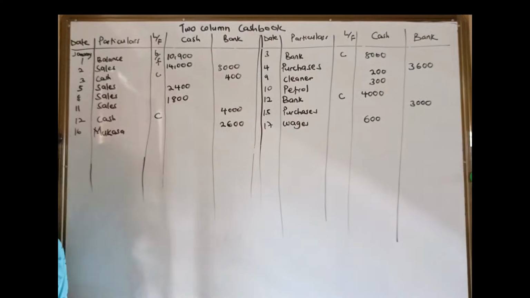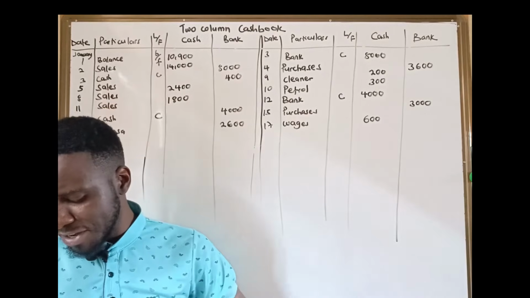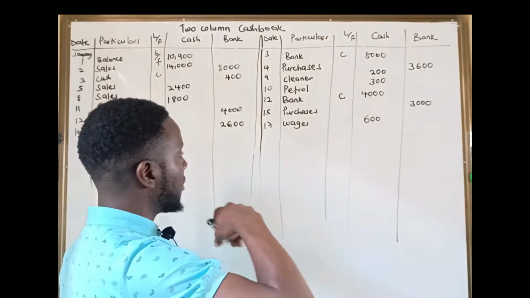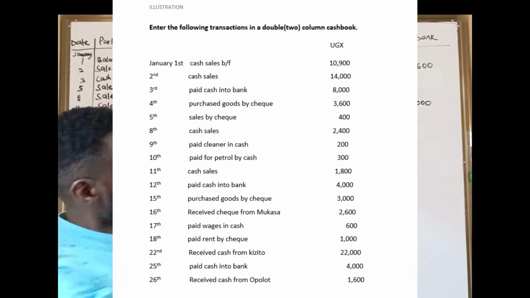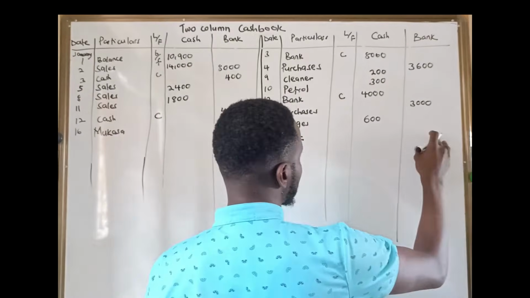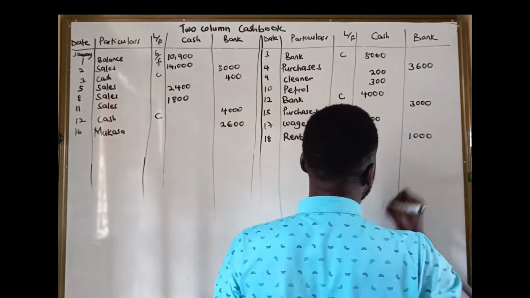So that's how we do our cash book. Then our next transaction says paid rent by check worth 1,000. So paid rent by check worth. So we come here and say rent and it was by check. So if it's by check, we bring it to the bank account, it is worth 1,000.